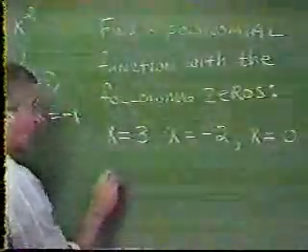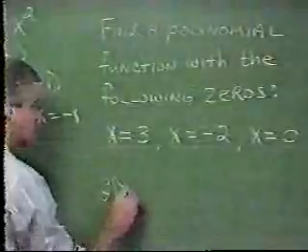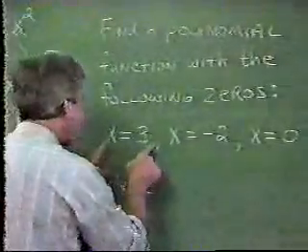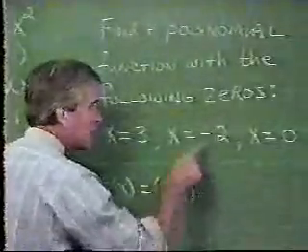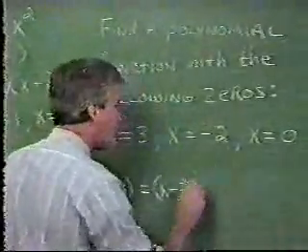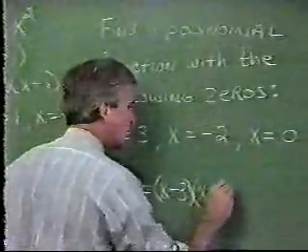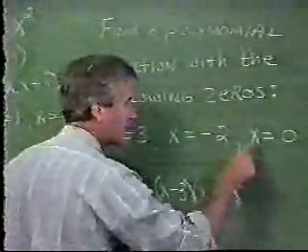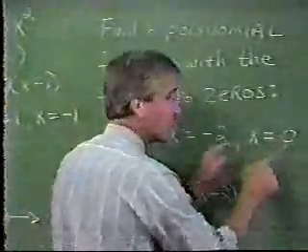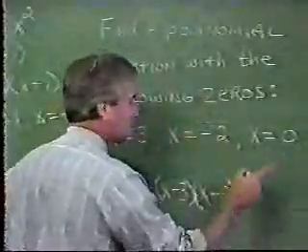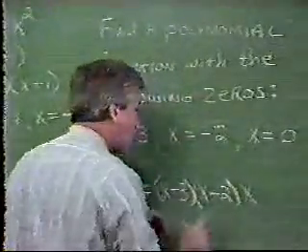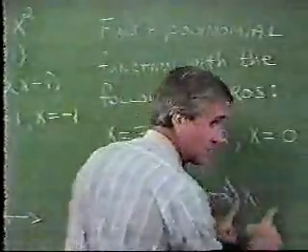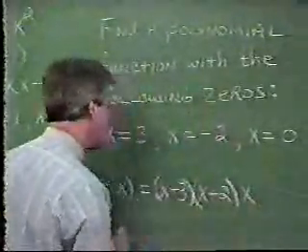So we can build our function this way. Let's call it the g function. If 3 is a 0, then x minus 3 is a factor. If negative 2 is a 0, then x plus 2 is a factor. If 0 is a 0, then x itself is a factor. Or I could say this is x minus 0, but x minus 0 is simply x.